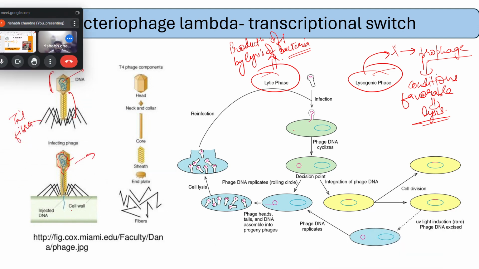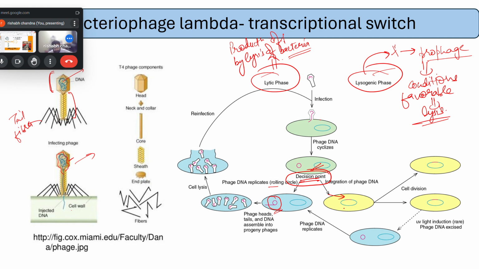Okay, so this is the basic cycle. When the bacteriophage infects, it sends its DNA into the bacteria, and here there is a decision point. Okay, so here the transcriptional switch basically acts on whether it will replicate in the genome of the lambda phage, or it will integrate into the genetic material of the bacteria.